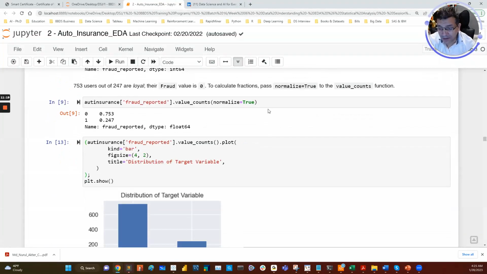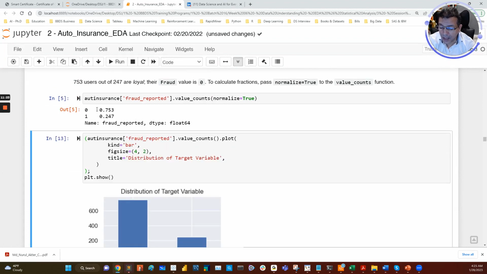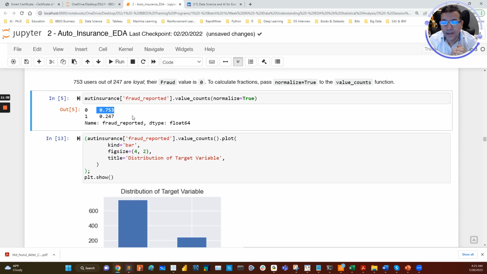Then we talked about our target variable, which is very important. Out of the 1,000 claims that we have, we found that almost 75% of these claims are legitimate. That means they were done correctly, they were real accidents, and 25% of the claims were fraudulent.